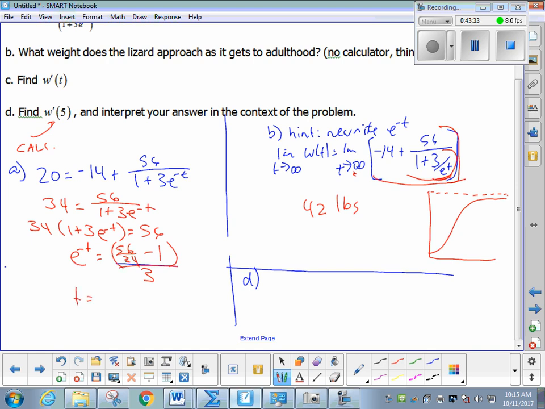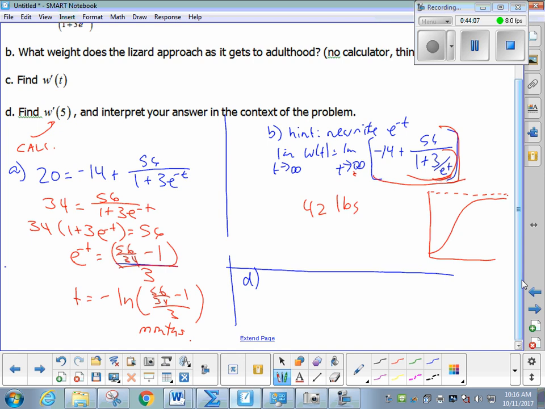So, did you get something like the opposite of the natural log of (56/34 minus 1) all divided by 3? And that is in months, by the way, units of time. And when I say simplify, I mean simplify nothing. Waste no time on arithmetic. None.